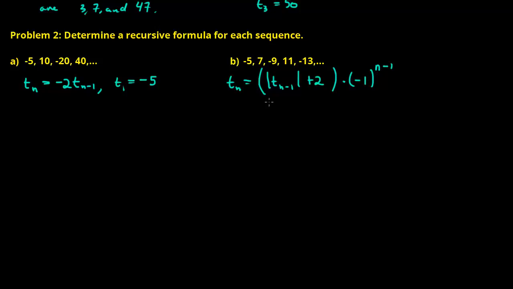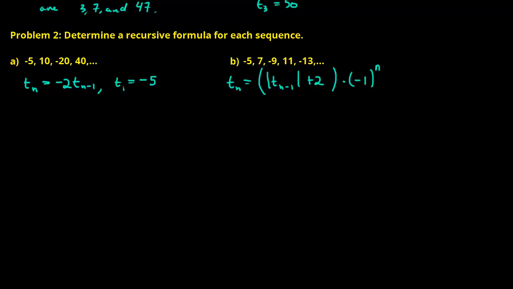Oh wait, hang on a second, that's not right. If the term number is odd, we want it to be negative. So we're just going to raise it to -1 to the power of n. And now we can see that if the term number is even, we'll have a positive number. If the term number is odd, we'll have a negative number.